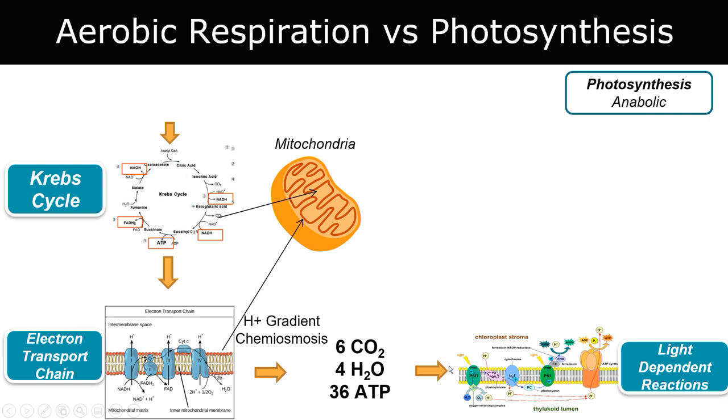I'm doing the same thing in photosynthesis. And just like in respiration, where I have 1, 2, 3, 4, 5 complexes, and that fifth complex is an ATPase, it's an ATP synthase, photosynthesis is also going to use a proton gradient. It's going to use chemiosmosis to also create ATP.